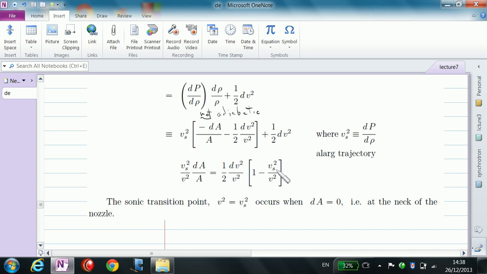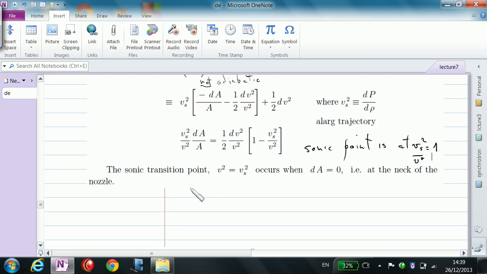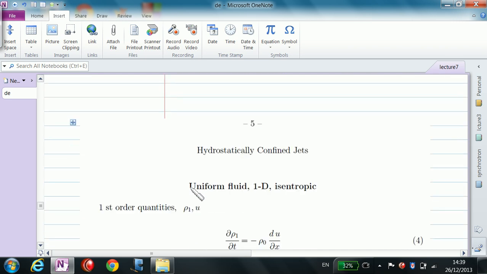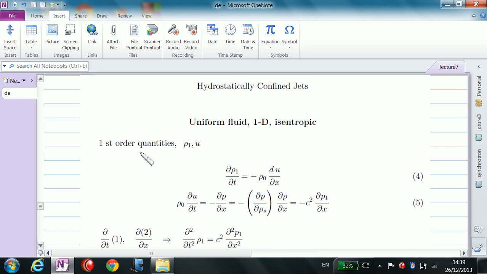So when this side is zero, it's called the sonic point. It's when the term in the brackets vanishes. And that's the neck of the nozzle.